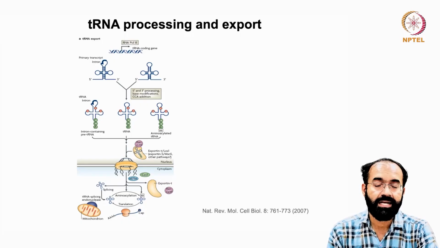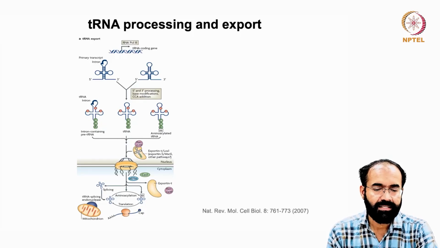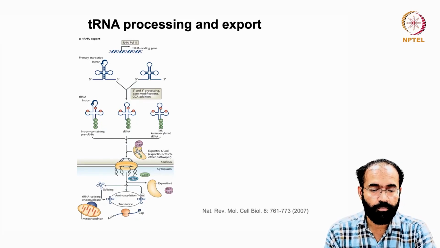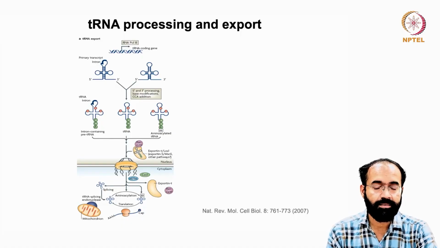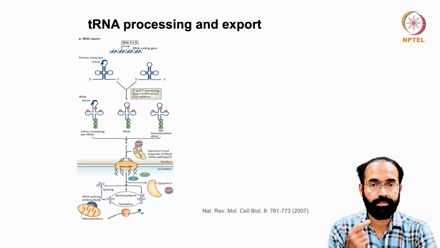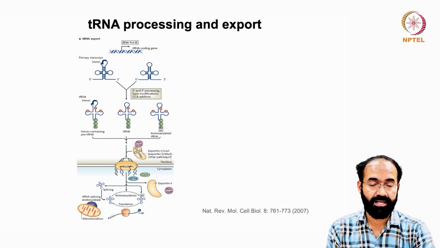Now in the nucleus you can have three species. One is tRNA with intron, that is immature, and it can have the CCA maturation already. Another is properly processed tRNA, and you can also have aminoacylated tRNA. All these three have to find their way out.